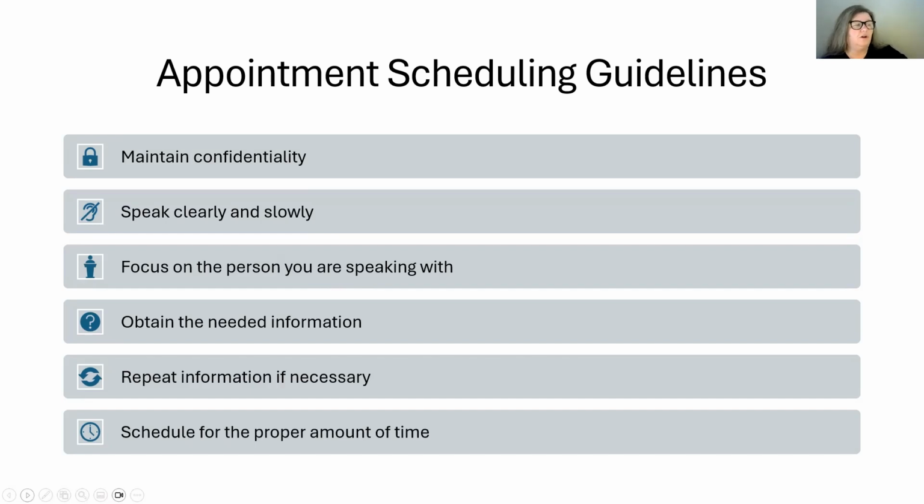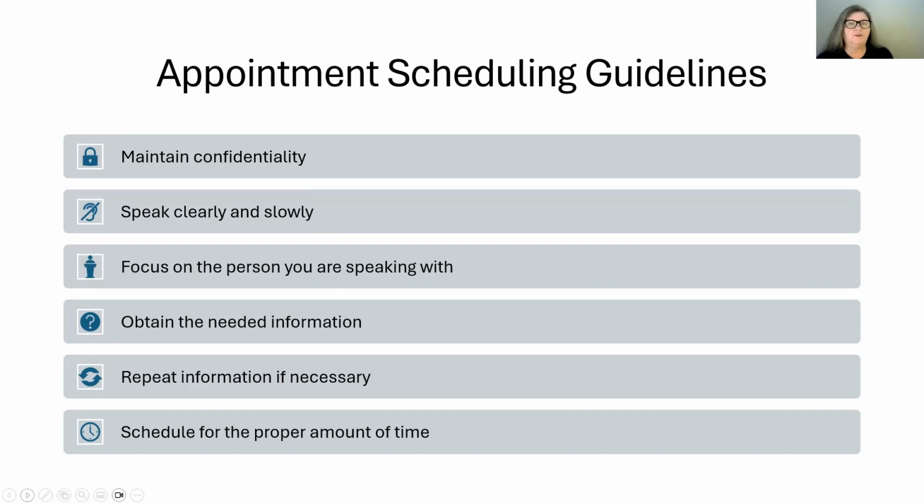Also, make sure that you are speaking clearly and slowly when you are speaking to your patient and getting that appointment scheduled. Focus on the person you're speaking with. We talk about multitasking all the time, and multitasking is great, but there's instances where we really need to focus. And being on the phone, especially, or even with someone standing right in front of you while you're trying to schedule an appointment, is one of those times.